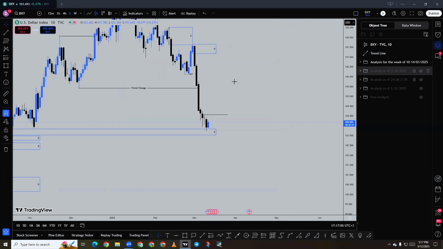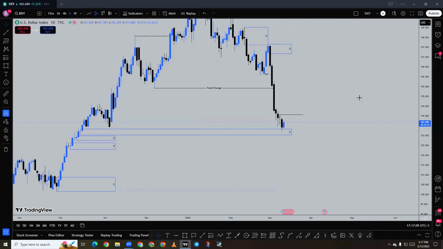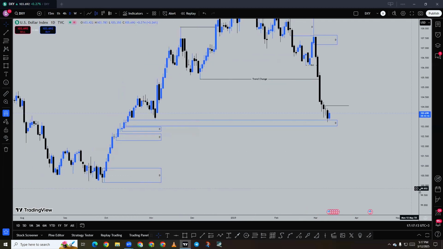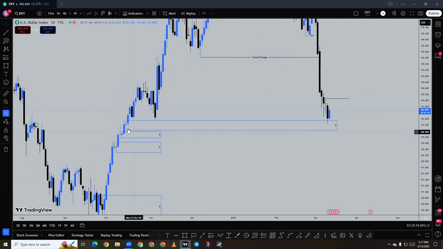So now moving on to this week's analysis. This is what we have. One thing that I had not mentioned is the fact that we have some other demand order blocks in the form of inside bars. Remember, I did mention that I love to trade from these inside bars. The reason is that an inside bar is kind of like a doji.